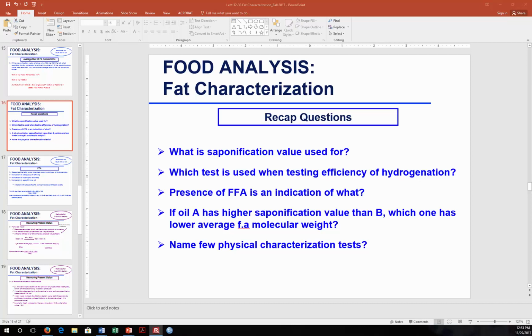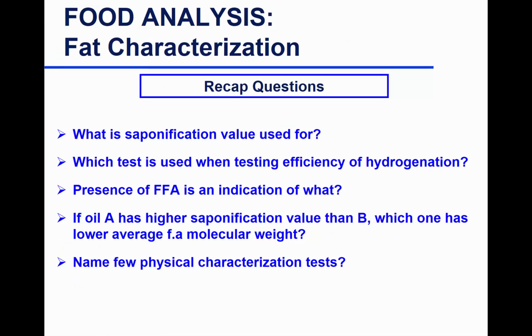Okay, all right. Let's try to remember where we were last time, especially since all of you had lab as well, so this should be ingrained already. So what is saponification value used for?